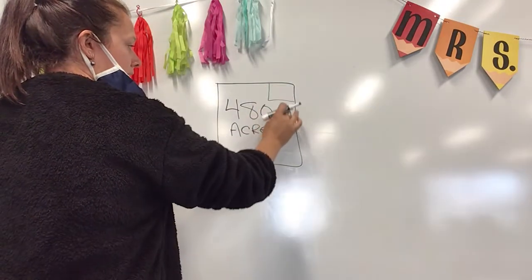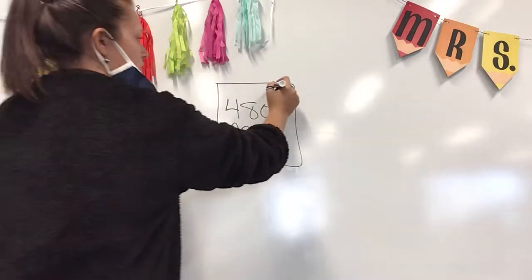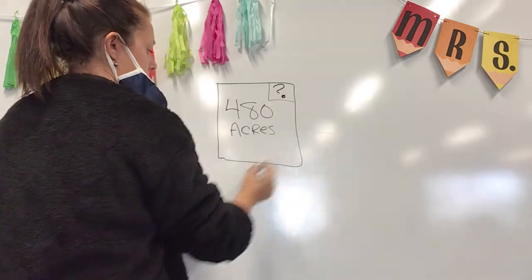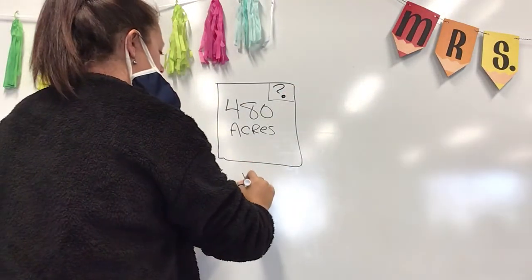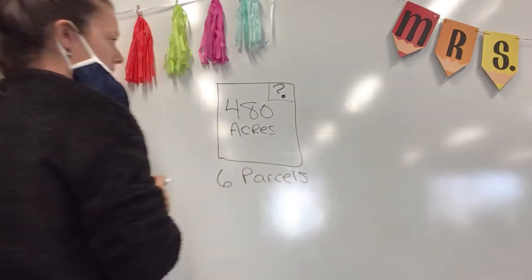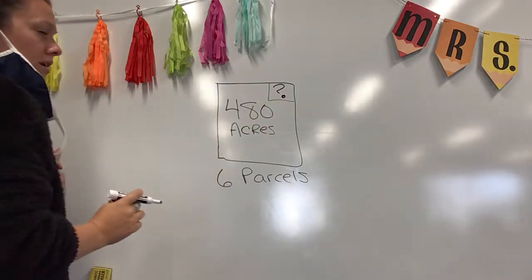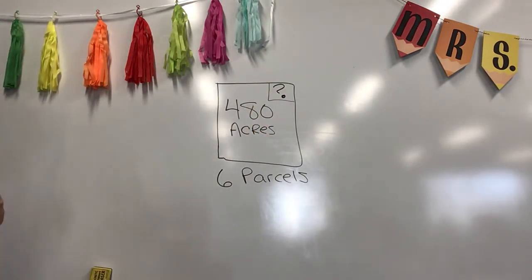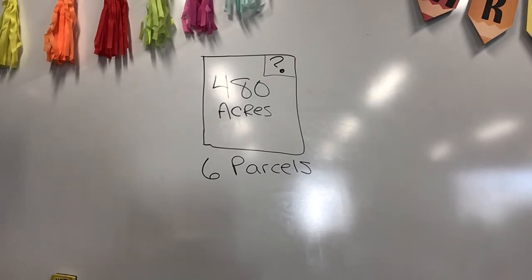So if they divide this up into 6 different pieces, how big then is just one piece? They're making 6 parcels, right? They want to know how big is just one parcel if they're dividing up this land into 6 parcels. You give me an equation and a solution. No questions yet. Try your best with what you know.